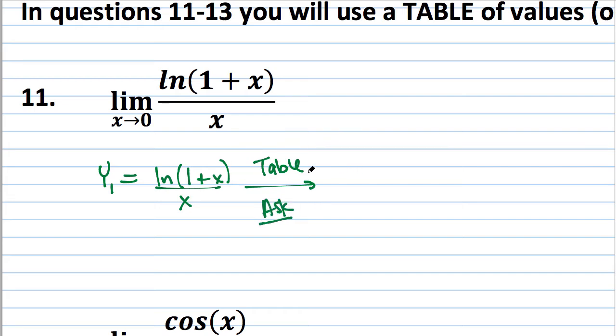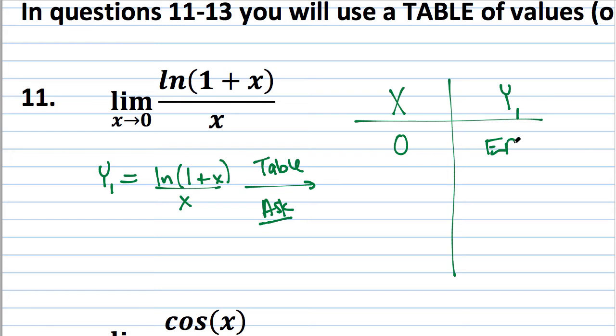So here's what my table looks like. I have x and y1 columns. When I plug in the actual limit, I end up with an error. That means my function is not defined at x equals 0. So I'm going to test two values on either side of 0 that are really close.